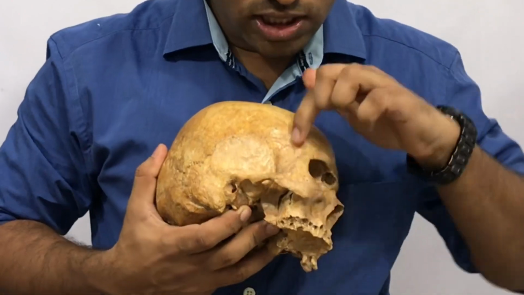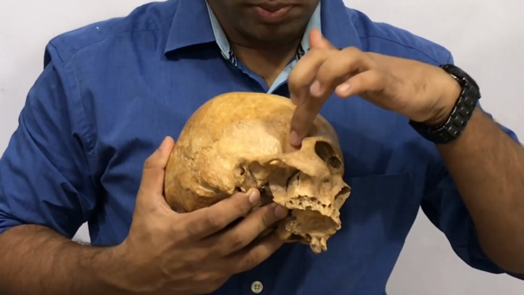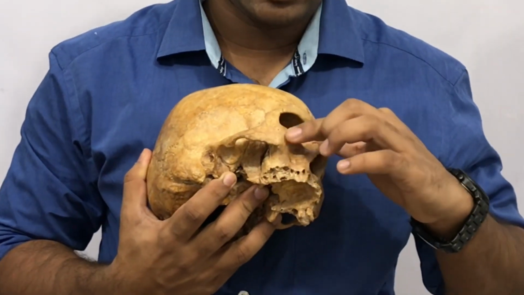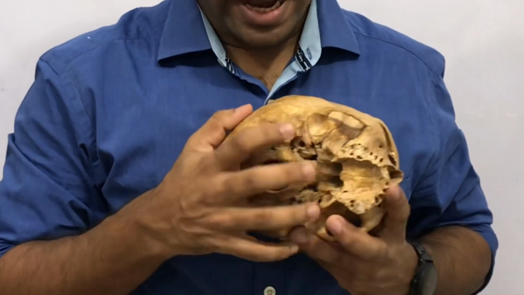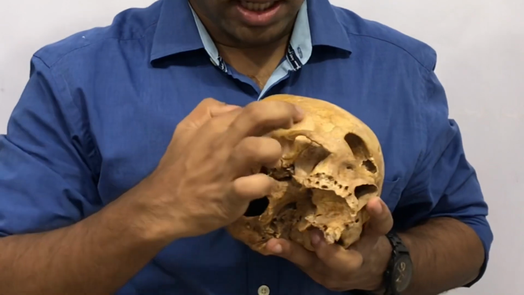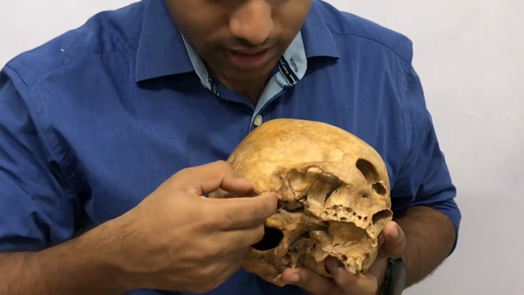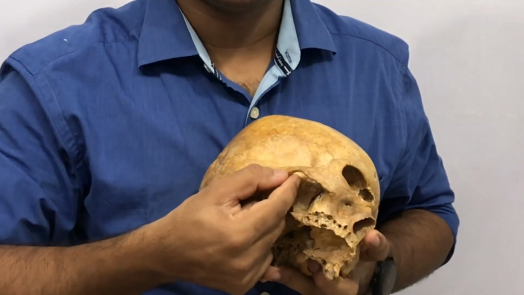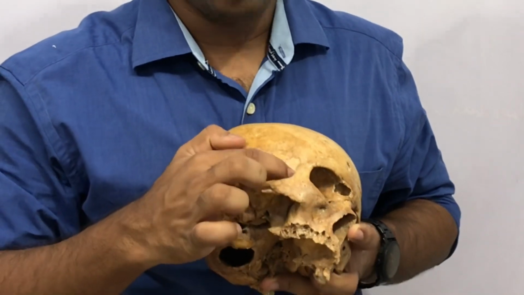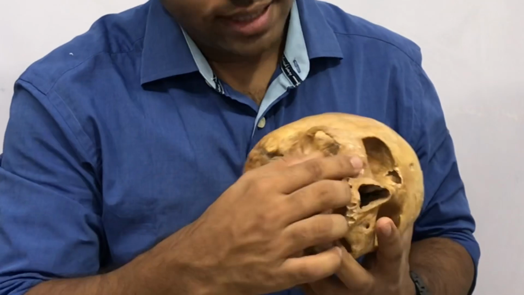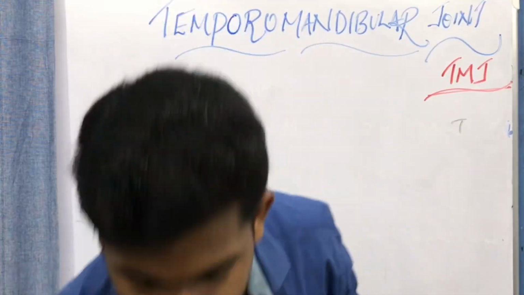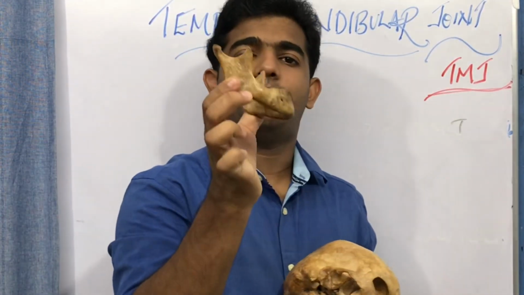This is the sphenoid bone, and this is the zygomatic bone. This one is the maxilla. And once again, this is the temporal bone, which is expanding from here like this. And finally, the most important one, the mandible.